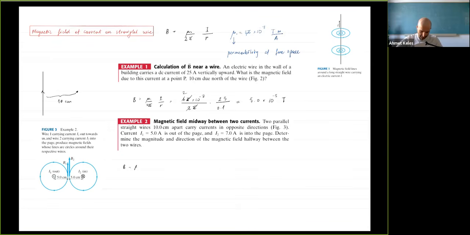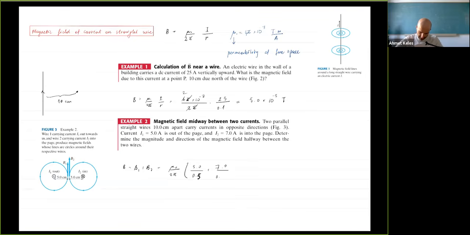So I'll write B1 plus 2 is equal to mu0 over 2 pi. I1 is 5 ampere divided by, again, 10 centimeter, which is 0.1, plus the other one is 7.0 divided by, oh, this is 0.5 actually.